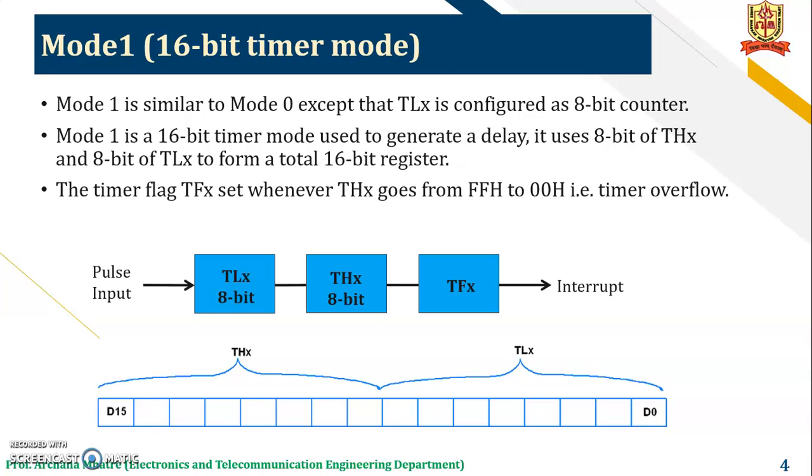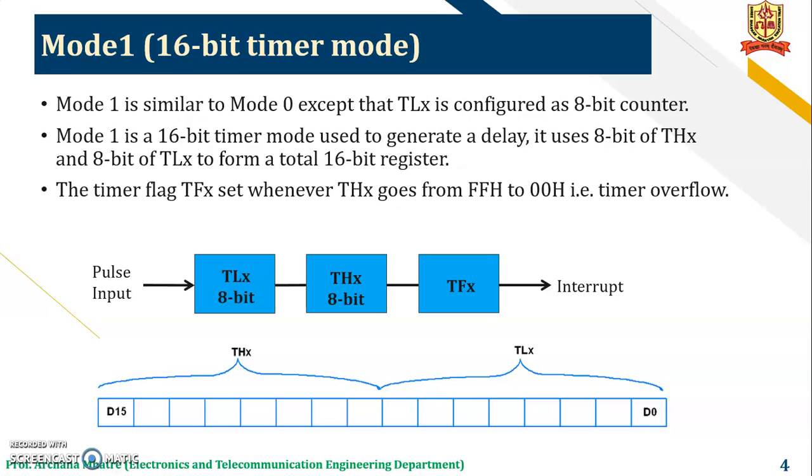Next is mode 1. Mode 1 is a 16-bit timer mode. Mode 1 is similar to mode 0 except that TLX is configured as an 8-bit counter. It is used to generate a delay. It uses 8 bits of THX and 8 bits of TLX to form a total 16-bit register.